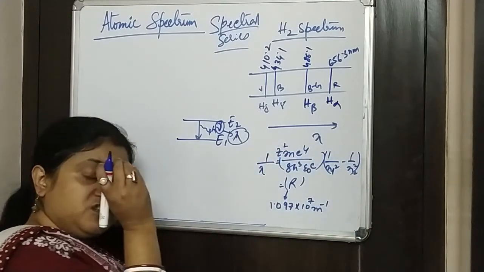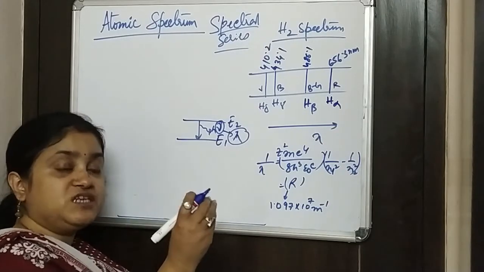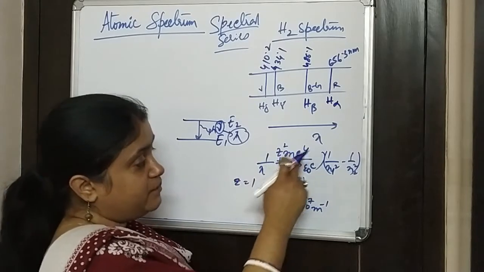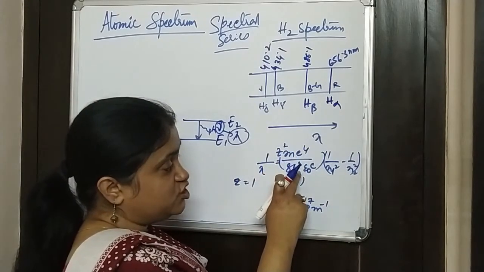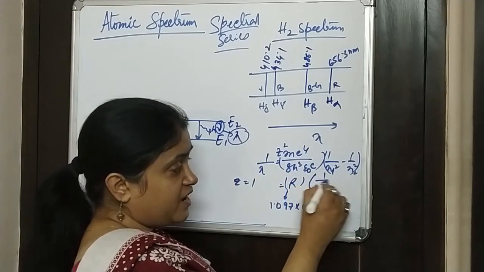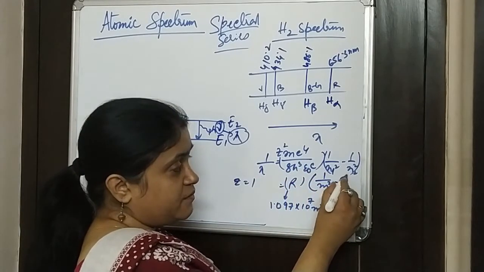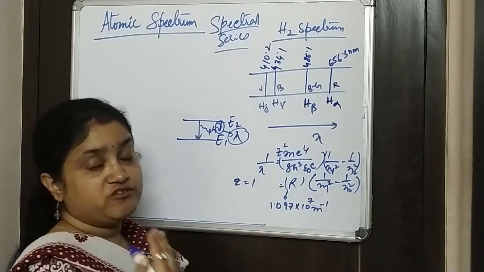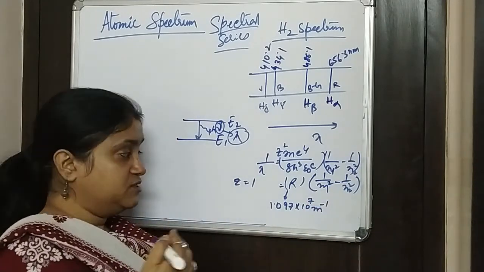Now suppose we are focusing on hydrogen, where Z is equal to 1. Then m e to the power 4 by 8 h cube epsilon naught into c becomes a constant, and n1 squared minus n2 squared can be changed as the electron travels between various orbits.